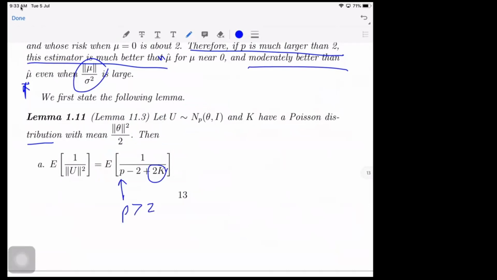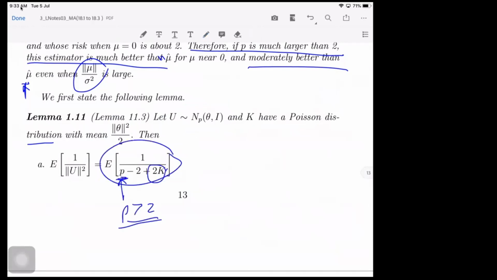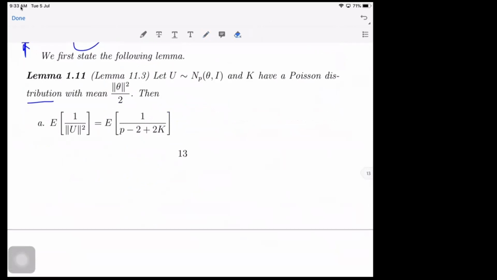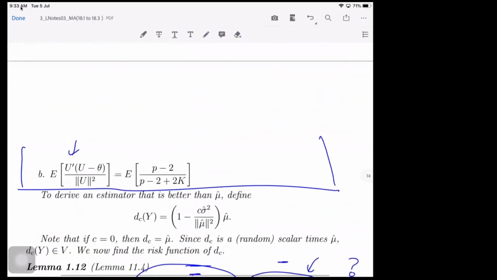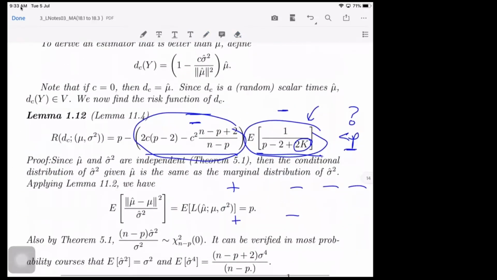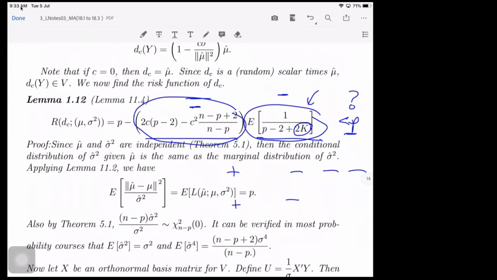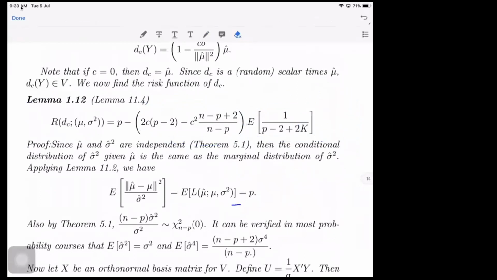So if P is assumed to be greater than 2, this will always be a positive term. Poisson takes on positive values, so I think the scenario that both of them are negative is not feasible.